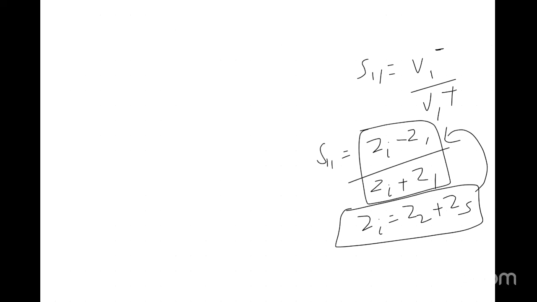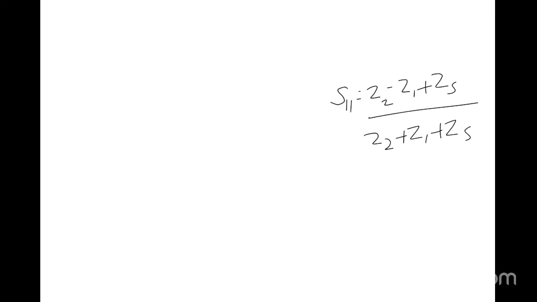S11 equal to Zi minus Z1 by Zi plus Z1. In this, I am substituting the value of Zi equal to Z2 plus Zs. After substitution and simplification, S11 equals Z2 minus Z1 plus ZS by Z2 plus Z1 plus ZS.